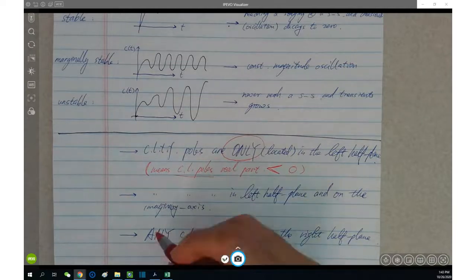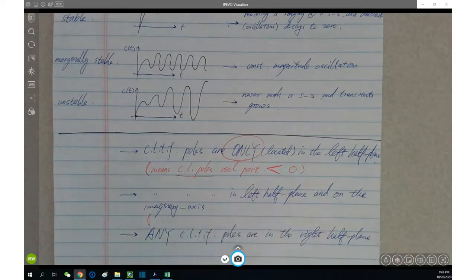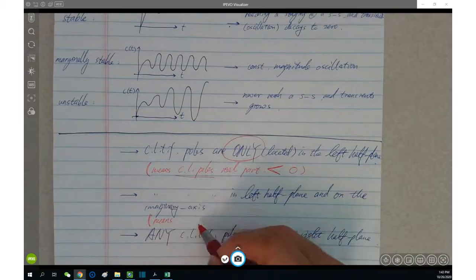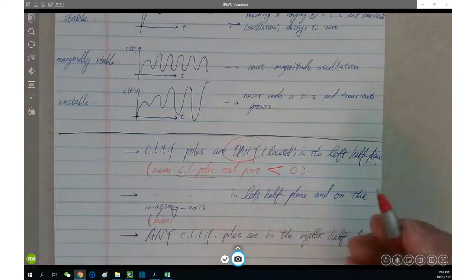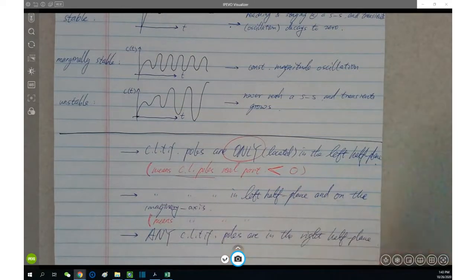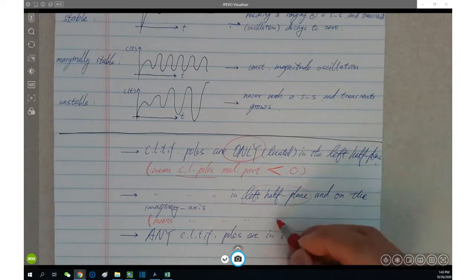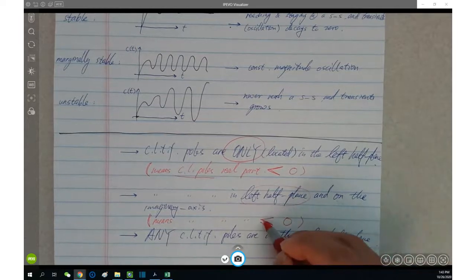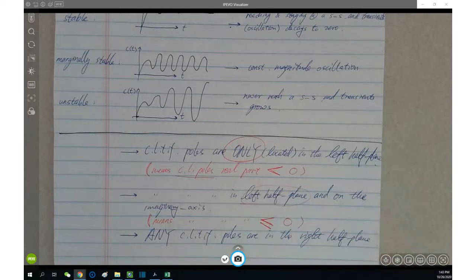Now, how about the second case? Marginally stable means closed loop poles, real part, either in the left half plane or on the imaginary axis. So how about this? Less than or equal.